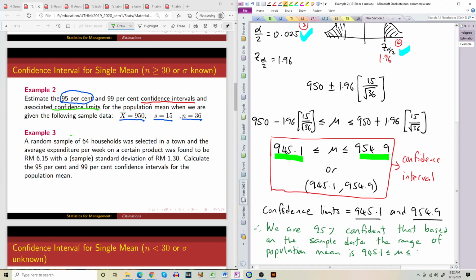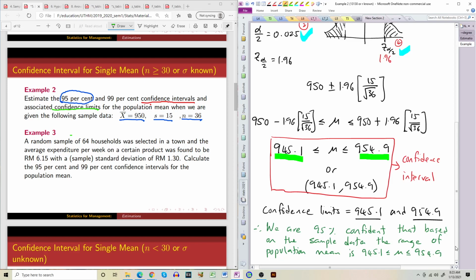You can leave it like this answer. We are 95% confident that based on the sample data, the range of the population mean is this. The 95% is our confidence level. 5% we may be wrong.